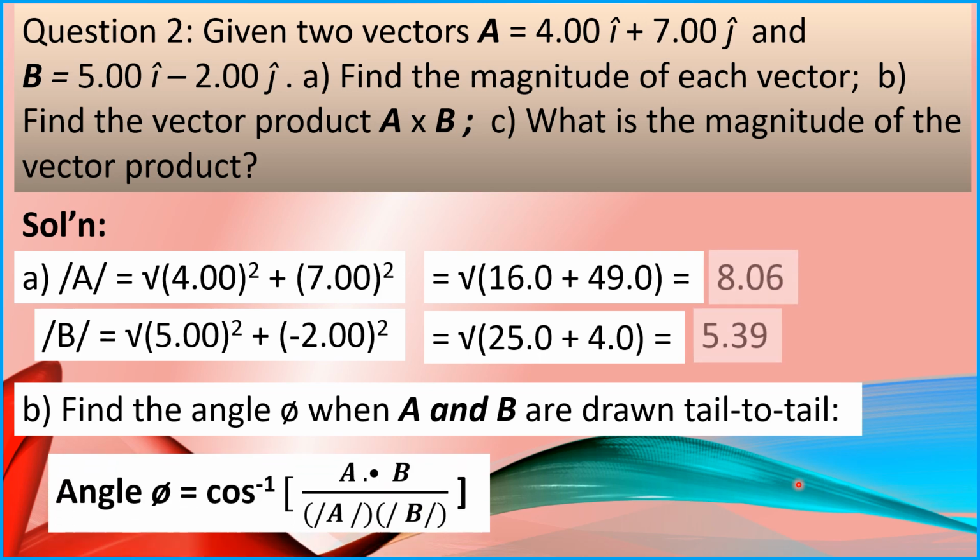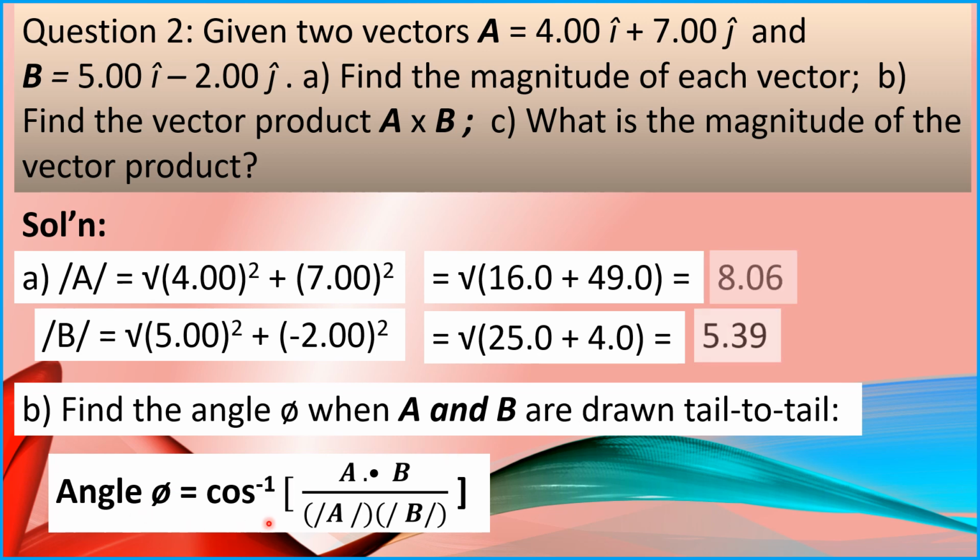And then one particular method of determining the angle between two vectors that are drawn tail to tail is to use the scalar product or the dot product of the two vectors, right?